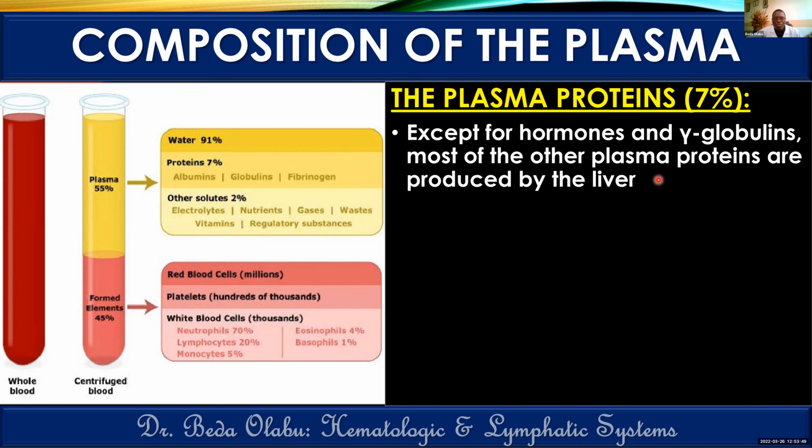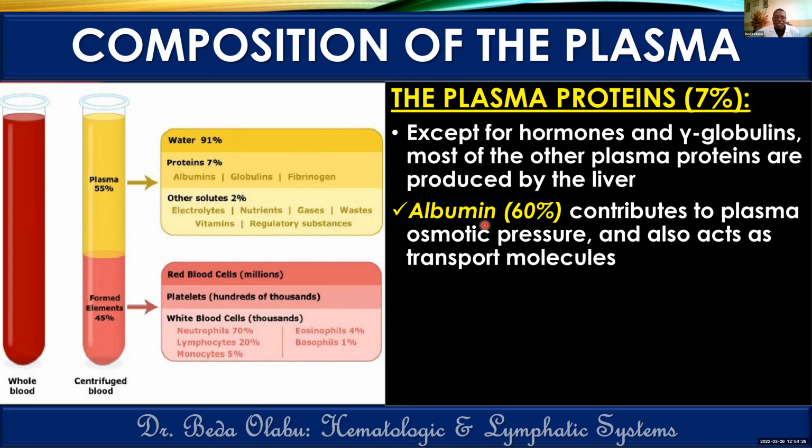Perhaps the exceptions would be most hormones, which don't come from the liver, and what we call gamma globulins. Gamma globulins are produced by a specific type of white blood cells, which we call plasma cells. Those are the ones that produce gamma globulins, and these gamma globulins are useful as part of antibodies. So other than gamma globulins and hormones, the other plasma proteins largely come from the liver.